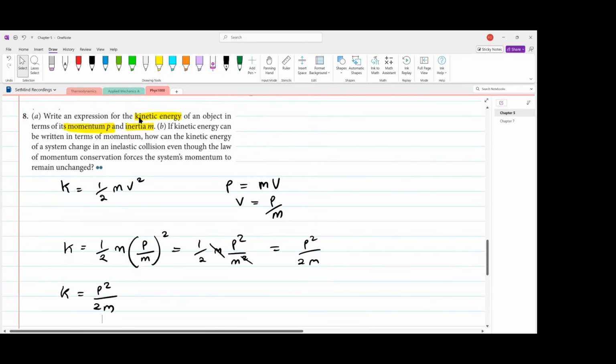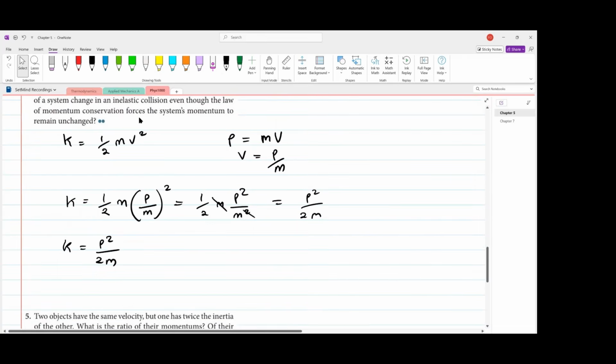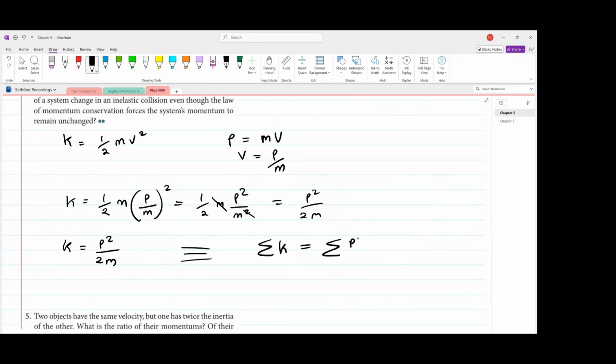This is our answer. However, if we wanted the kinetic energy of a system, we can write it in sigma notation: the sum of kinetic energies is the sum of momentum squared divided by 2m. And this is important because of the next question.